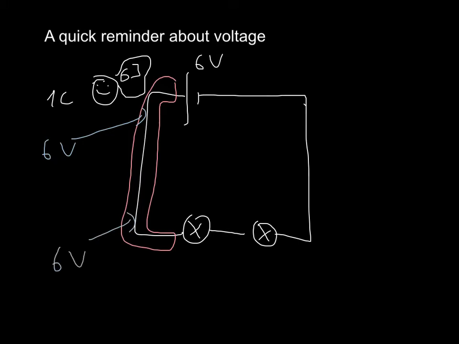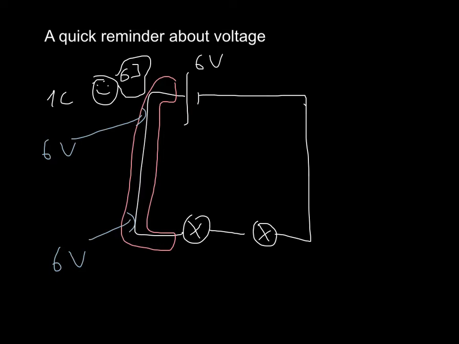So anywhere in this wire, the potential will be exactly the same. Not here, because we have something in the middle. So everywhere here the potential will be the same, but not the same as here. And everywhere here, the potential will be the same, but not the same as here and here. Okay? So this is one thing that we need to know about potential.